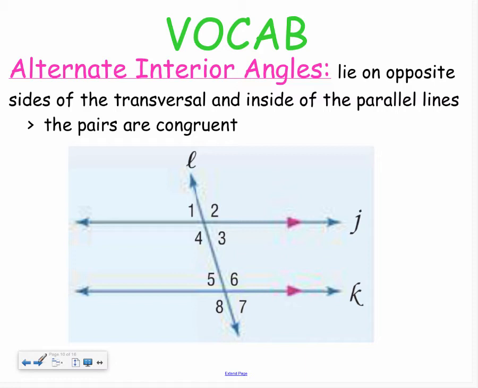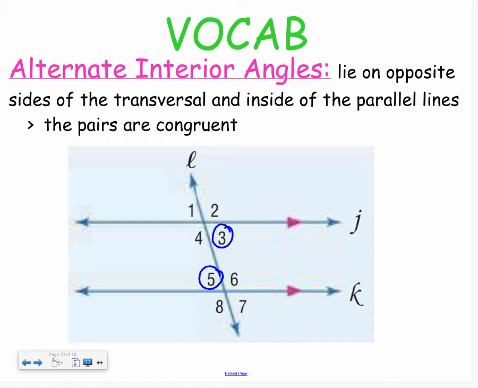So if I pick out number 3, we are looking for the opposite side of the transversal. There's 2 options on the opposite side, 4 and 5. If we want the alternate interior angle, we are looking for the one that is not touching 3. So the alternate interior angle to 3 is 5.